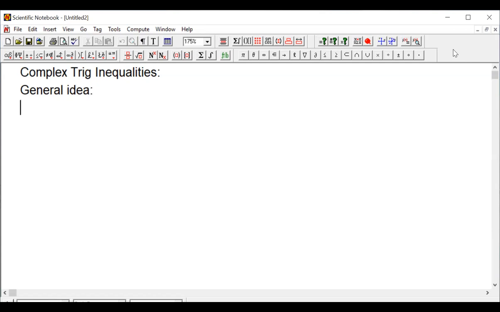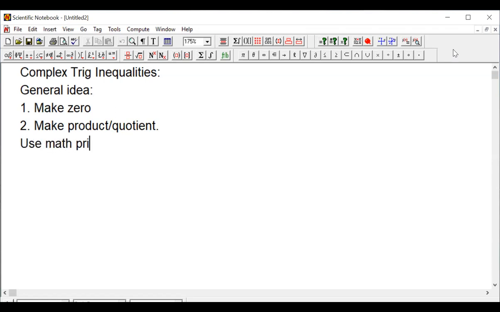First is making zero, secondly, make a product or a quotient. By doing so, we get to use math principle number 5 and 6.